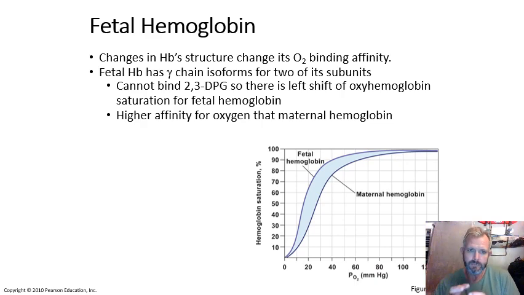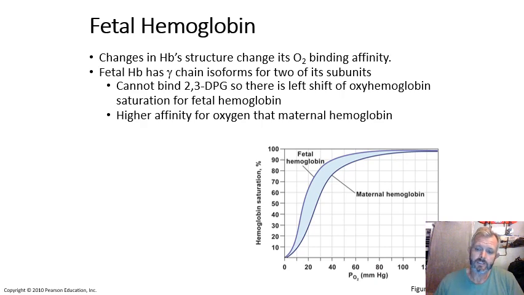So let's look at some instances when this affinity for oxygen by hemoglobin is important. One of those cases is fetal hemoglobin, because where does a baby get its oxygen from? It's from mom. And so mom's hemoglobin has to release the oxygen.